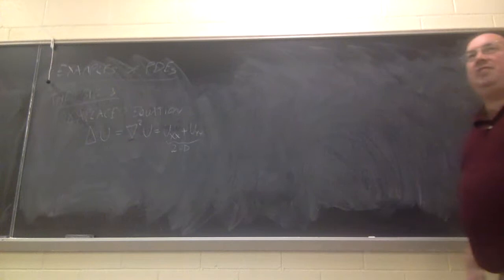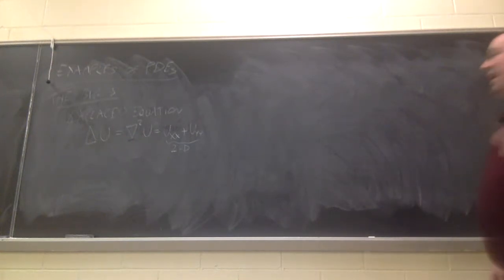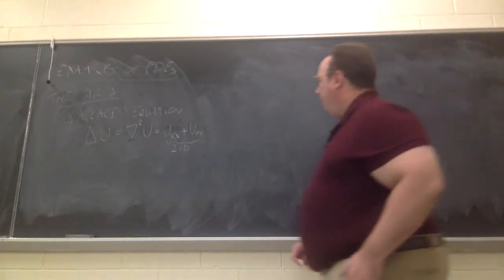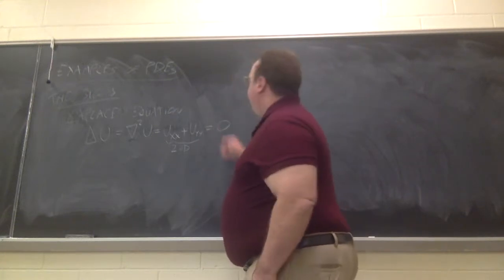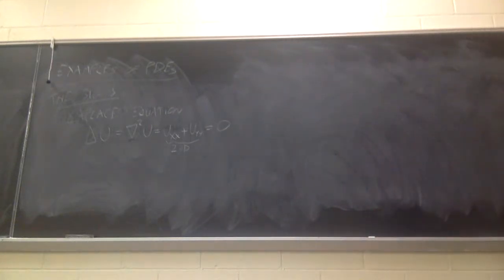If it was 3 dimensions, I'd have plus u_zz. So however many variables you have, that's how many terms you have, is equal to 0. And then there would be some kind of boundary conditions to go with it.